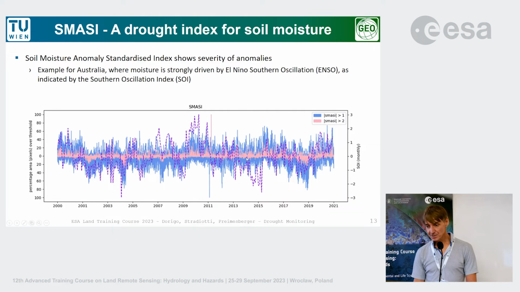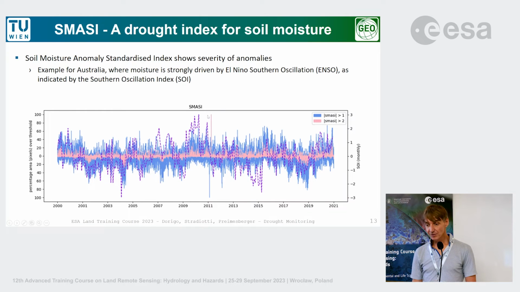Maybe you still remember, in 2015 there was a very strong El Nino. Also now there is an El Nino, so this index goes down. In many cases the soil moisture goes hand in hand with this SOI index, because there's such a strong interannual variability as well.